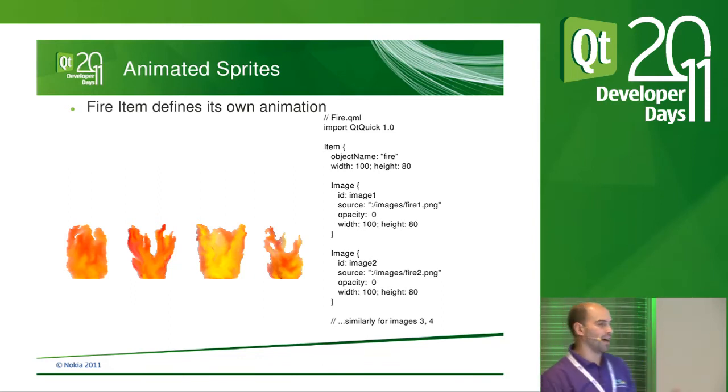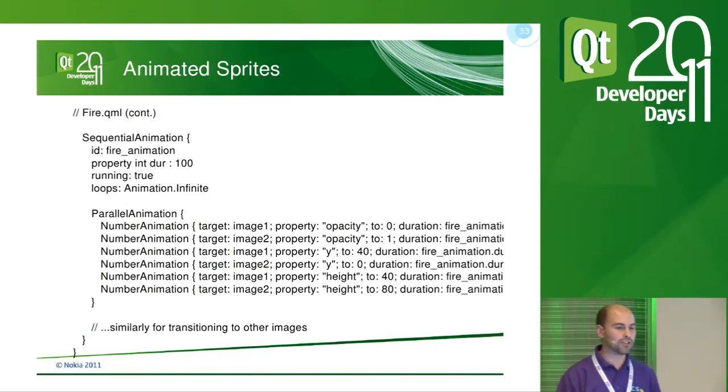So basically, once again, simplistic approach, we just took 4 frames of fire, and we created them inside of a single item. And what we're going to do is vary the opacities and the locations of those 4 layers. We do this by creating an animation that is infinite. When you make an animation inline, such as a sequential animation, that can contain a parallel animation that finally executes number animations, basically saying, for the life of this item, we're going to run this animation.